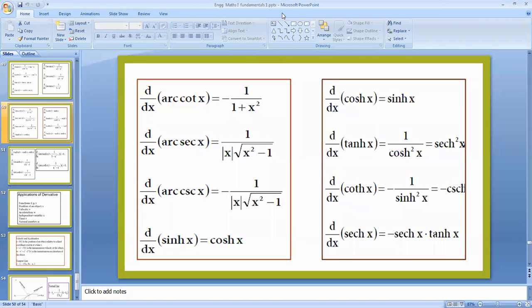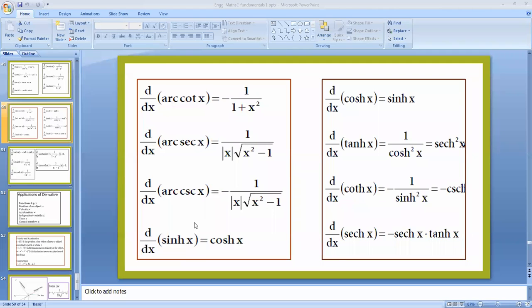So d by dx of sine hyperbolic of x is cos hyperbolic of x. How are you getting the differential here? Very simple. Before that, you should know the formula of sine hyperbolic of x in terms of exponentials. We can expand it with the help of Euler's formulae.